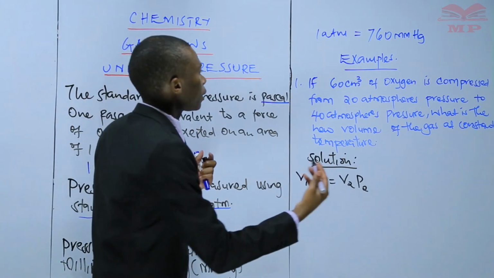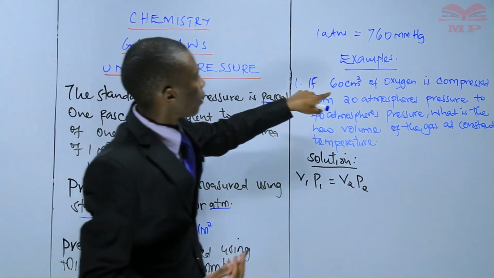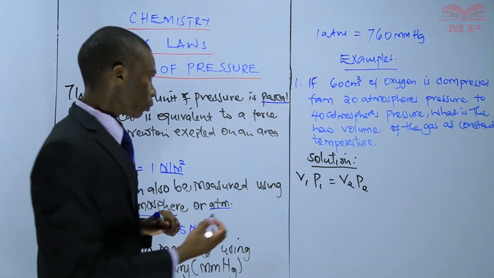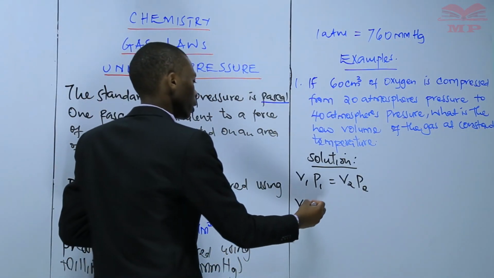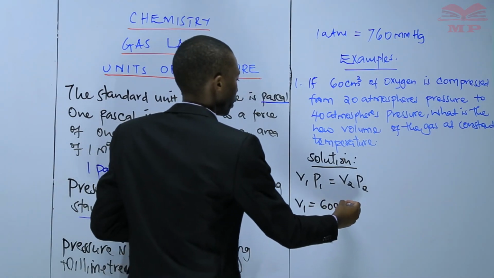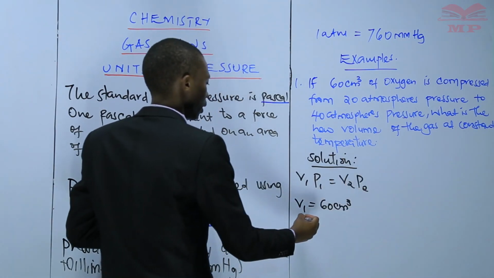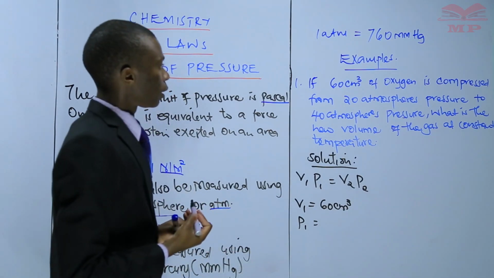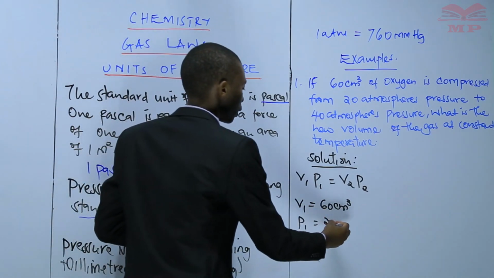So in our case, the first volume, V1, is 60 centimeters cubed. P1 is 20 atmospheres.